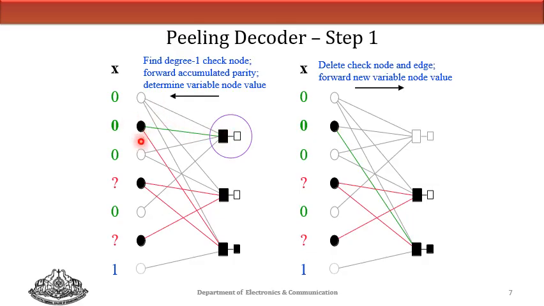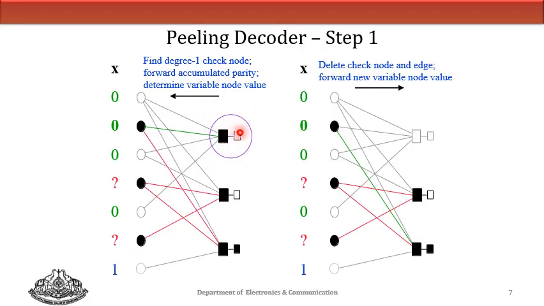From all the other received values, this check node knows that this is 0 plus 0 plus 0. So the check node will compute the value for the variable node whose bit is erased as 0, because it has to tally the equation. The equation should be correct.